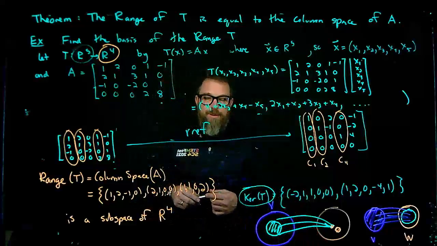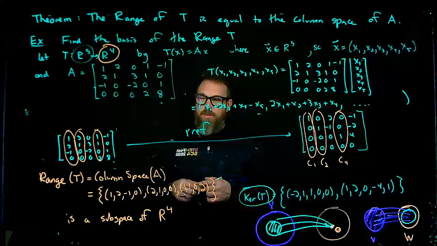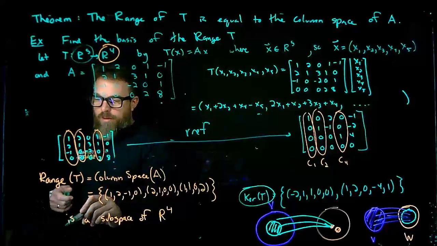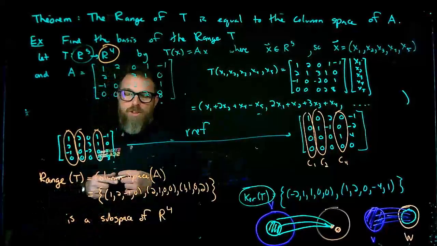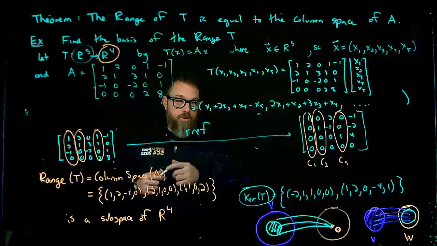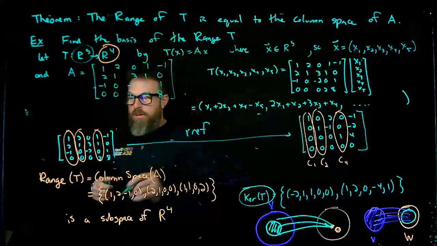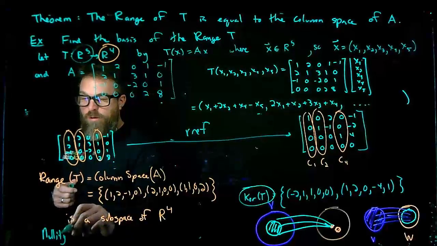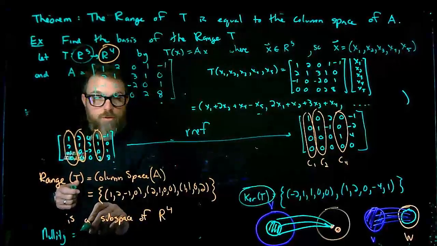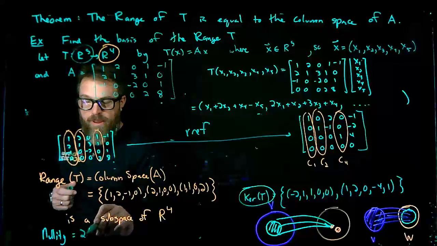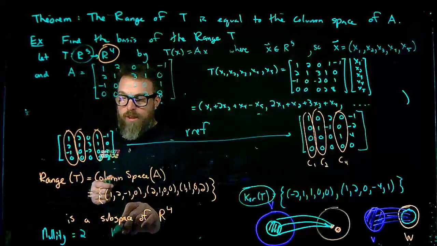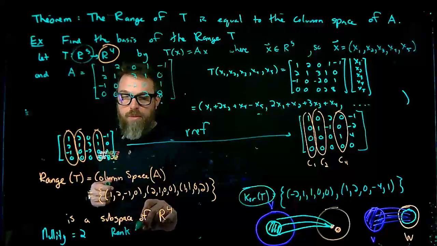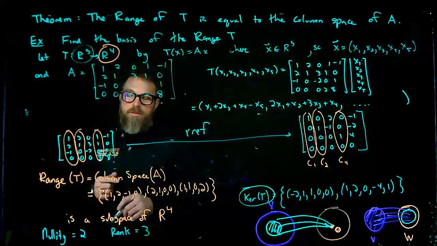And a neat theorem that we knew before is that the dimension of the null space, which is also equal to the nullity, the dimension of the kernel, was equal to 2. What we know is that the rank, which is the dimension of the column space, is equal to 3.